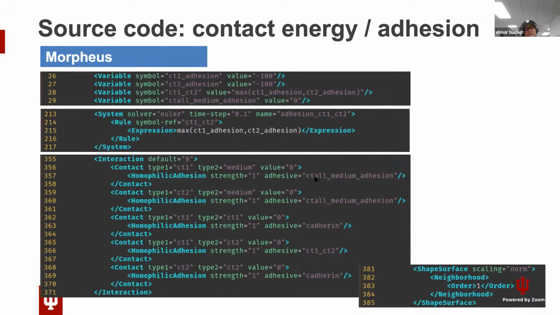So you see as well, you have the cell type to medium adhesion that they specify, then the cadherin molecules in between one cell type, or in between the two different cell types, or the other cell type. But it's actually resulting in the same, as I told before, you can do the same.